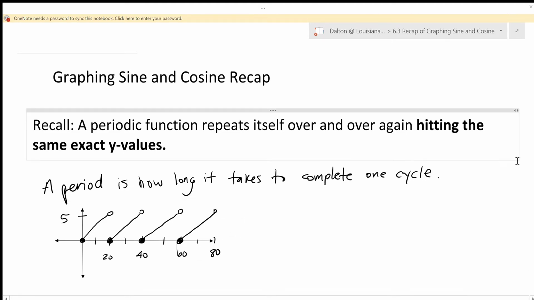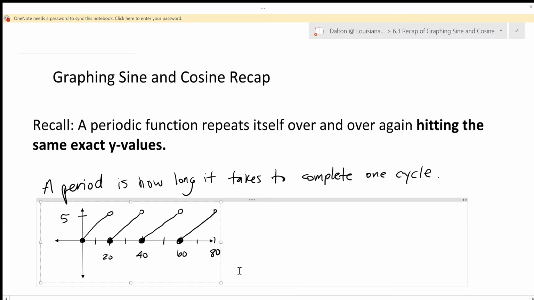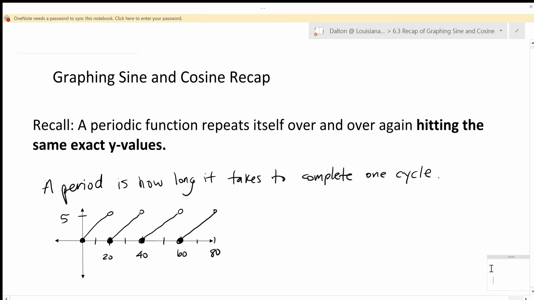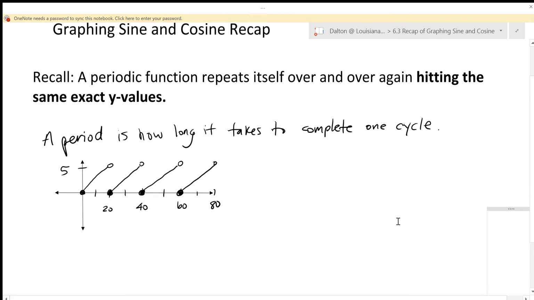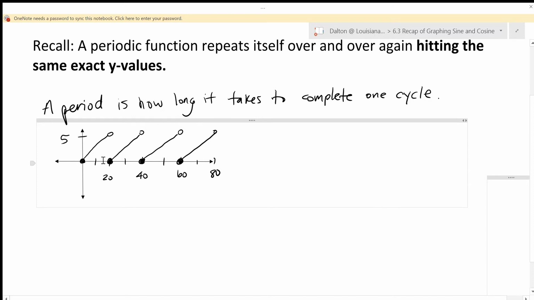So my question to you is this, and you could write the question if you want, but it'll basically be straightforward. Is this function here periodic? Well, first of all, is it a function, right? And the answer is yes, because it passes the vertical line test. The second thing is, is this function periodic?